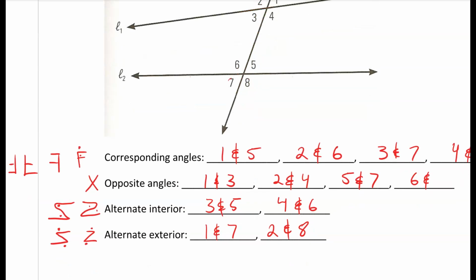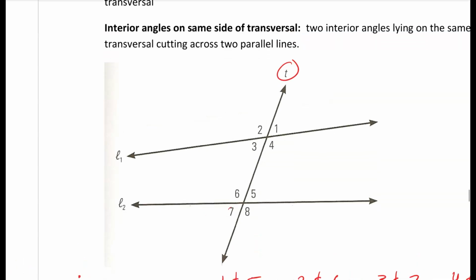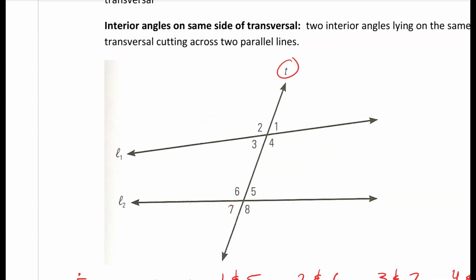Now our last thing is we're going to just scroll up and add another part to this. Talking about interior angles on the same side of the transversal, we're looking for a C. Now it's going to be kind of a boxy C, but interior, so they're inside of these two lines, and they're on the same side of the transversal.